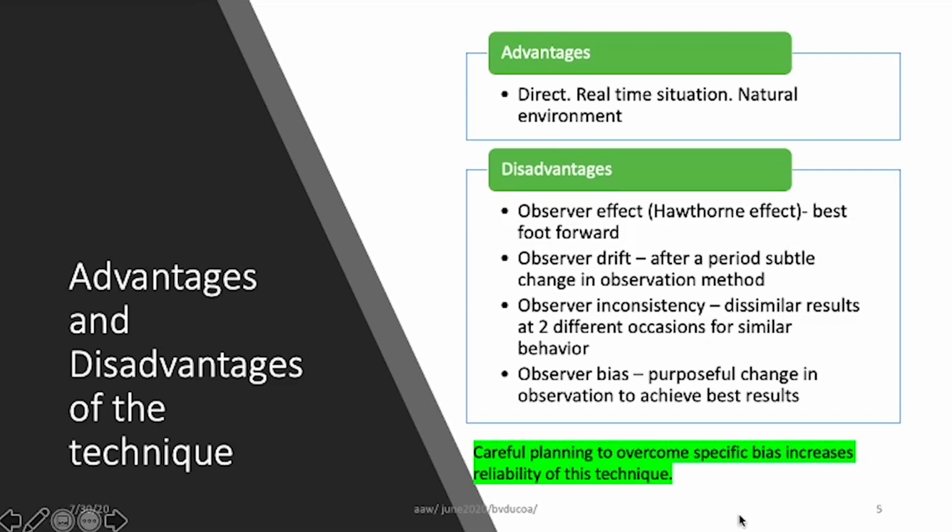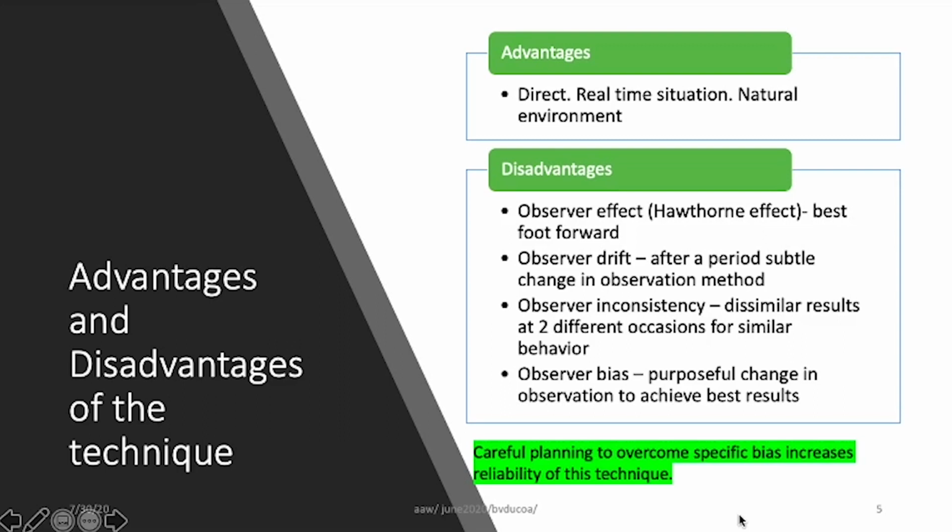And the fourth thing is observer bias. Because observational research is qualitative, it is about perception, it is about characteristics. The observer may tend to make purposeful changes in observation to achieve the best result.